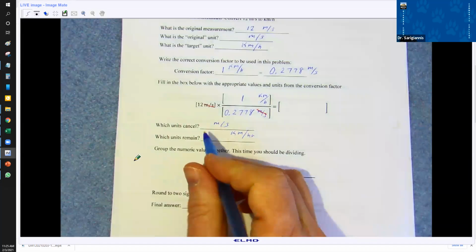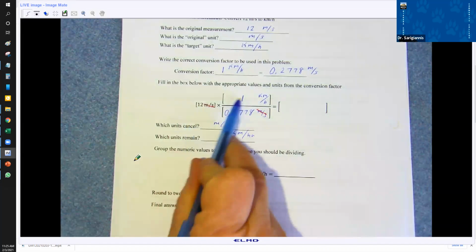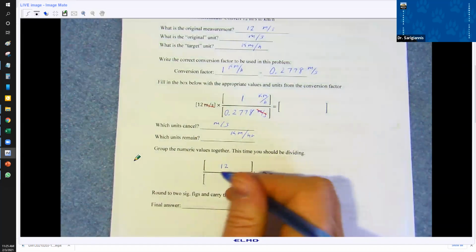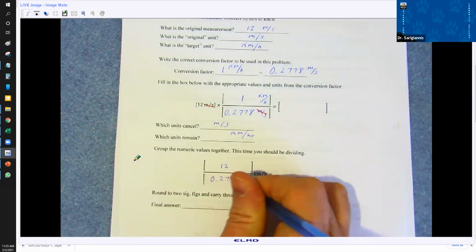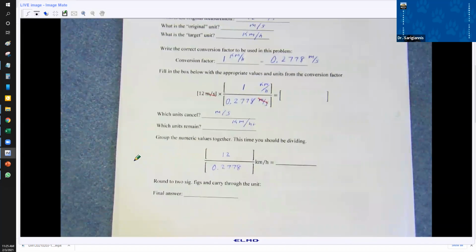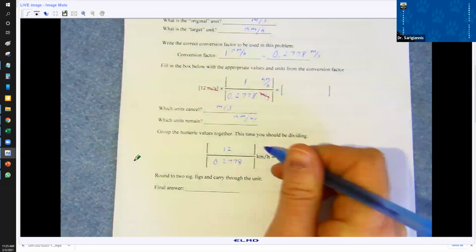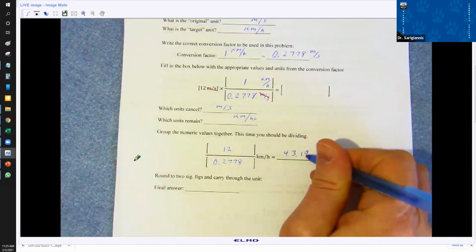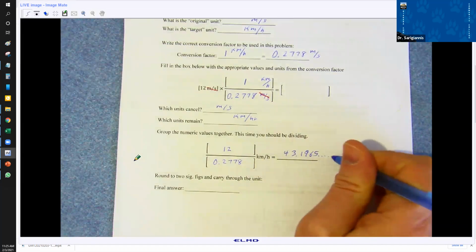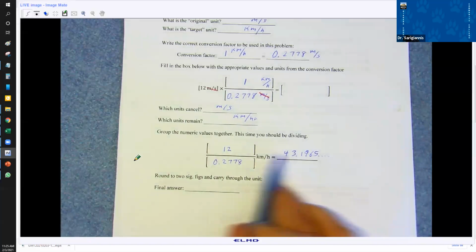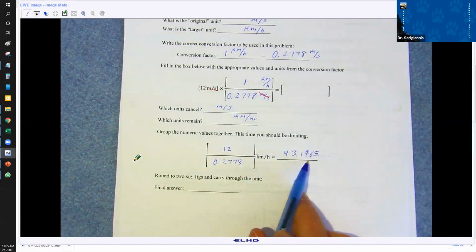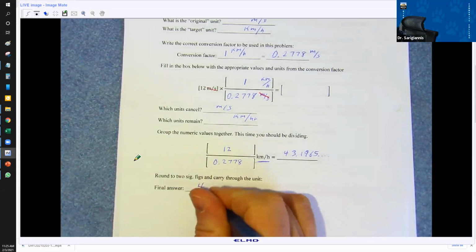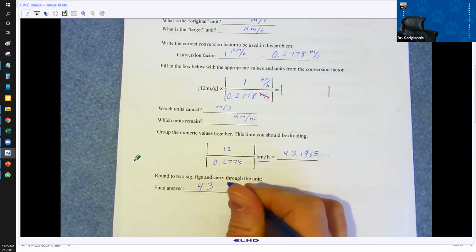And now the numbers: we've got 12 times 1, which is 12, and then we've got 0.2778. And this gives us 43.1965, etc. Right. So now we're going to round to two significant figures and make sure we keep the units. So we're going to get 43 kilometers per hour.